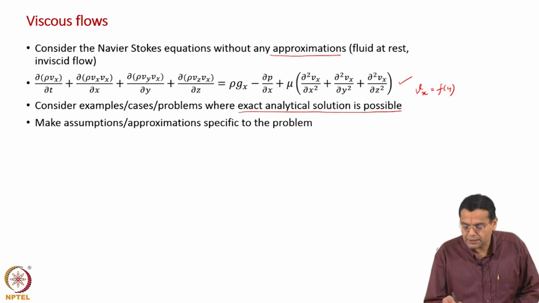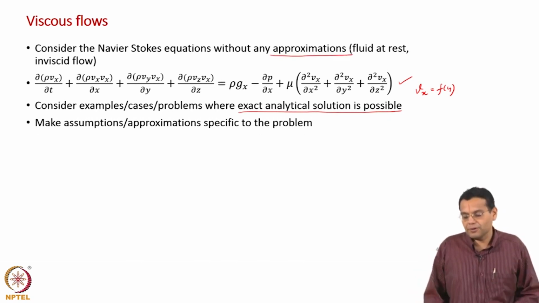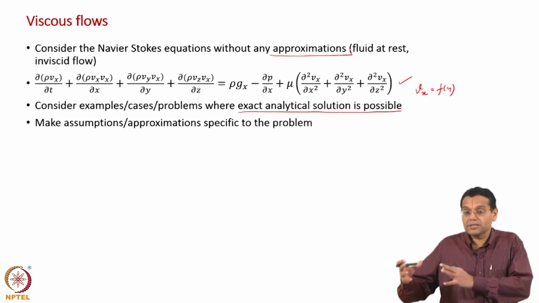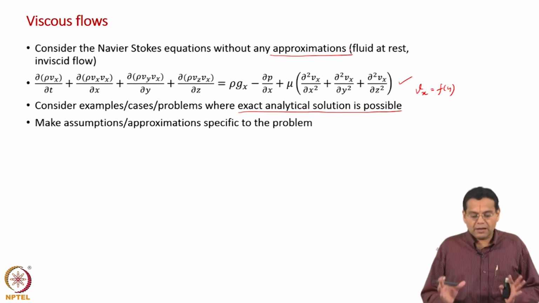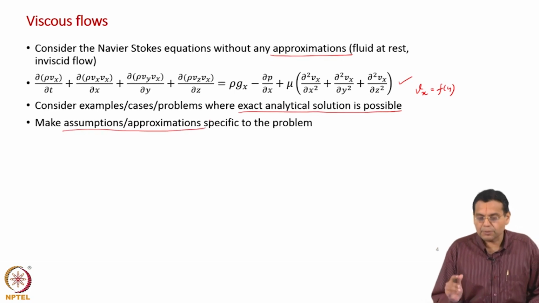When we say approximation here, earlier we made approximations for a class of flow. What do we mean by class of flow? A class of flow where the fluid is at rest, or where the fluid moves as a rigid body, are classes of flows. Similarly, there is a class of flows called inviscid flow. Now, all of these are viscous flows only, but these assumptions and approximations are problem specific.